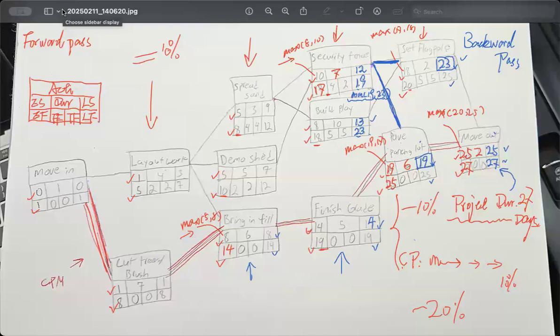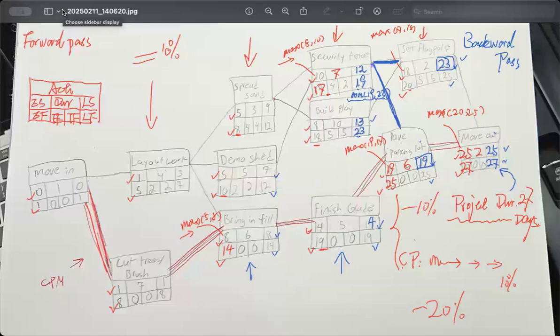So let's move into the next one we have, which is the brand of furling. I will check it and then we come back to here. This one only has one following activity, which is security fence, right? So we get a 12 here and a -5, we get a 7.